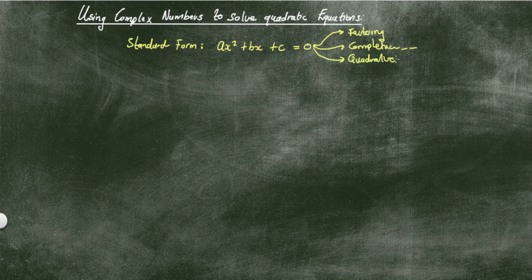But out of the 3, the quickest way to go about solving these types of equations is the quadratic formula, right? In some instances, the factoring method and the completion of the square work. However, it's going to be a tedious process. So I'm not saying you can't use them, but the quickest way to go about solving these types of equations is using the quadratic formula.